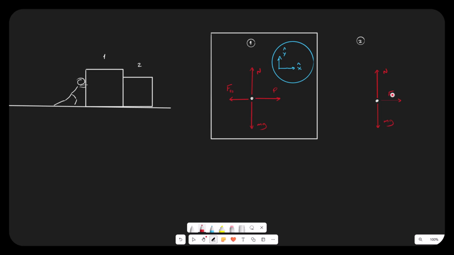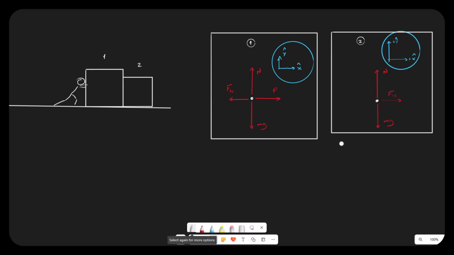That is the force from 1 on 2. I'm going to draw my axis. My motion is still horizontal, so I'm going to stick with an x-axis that's horizontal. Y-axis has to be perpendicular to that. Vertical is nice. And I get a free body diagram for block 2.